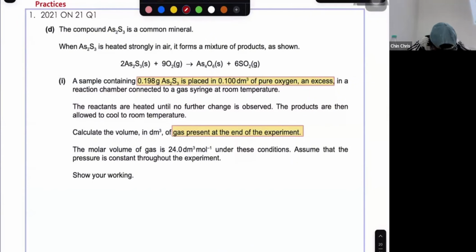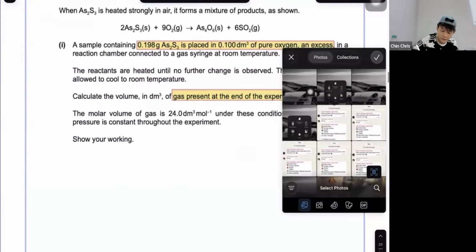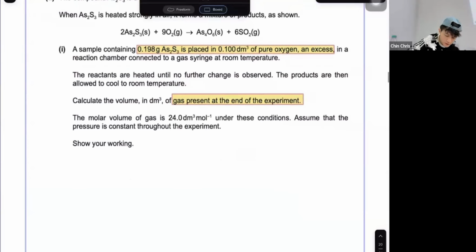Alright, guys, if you're not so sure what to do, come, RICE table.